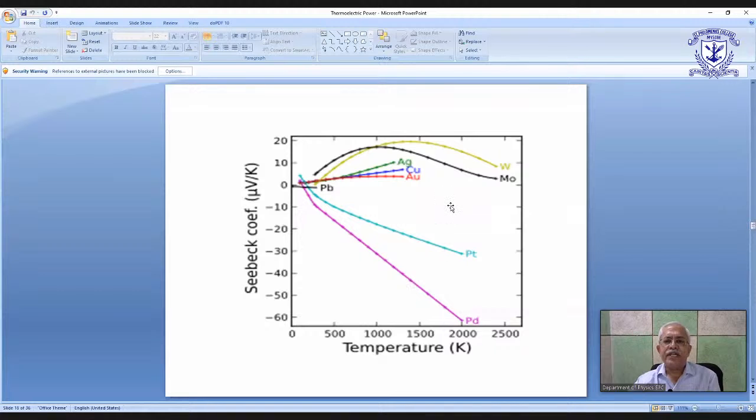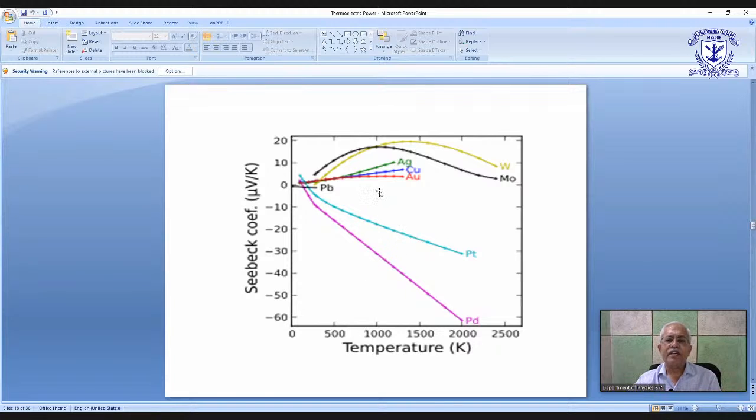You can link this to the occurrence of inversion temperature. On the other hand, if you take highly conducting metals like silver, gold, and copper, the Seebeck coefficient is always positive over a wide range of temperature. Normally we don't have to go beyond 1000, even 500. So these 1000, 1500 are extremely large temperatures, in the sense that we don't normally encounter such temperatures in applications or devices.